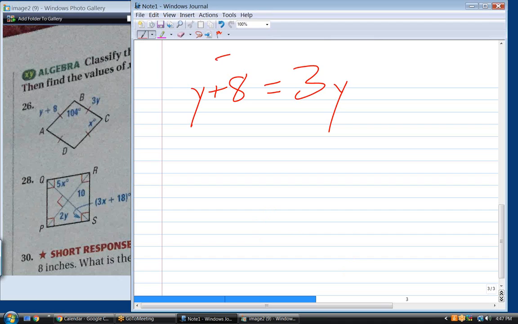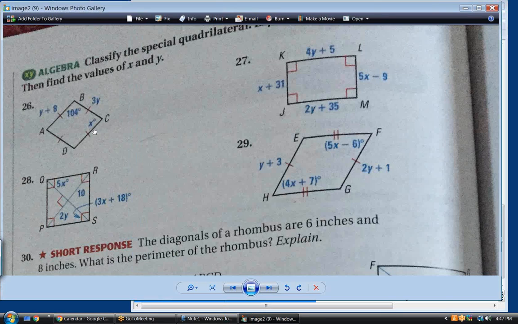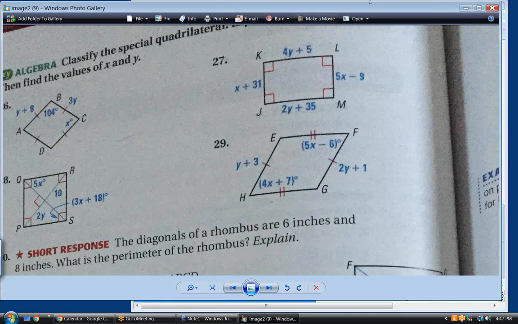In other words, if I bring the 3y over, I got minus 2y. And then I got to take the 8 over to the other side. Now I got 2 negative signs. I still get the same answer, as you should. But to me, if I can reduce the incidence of negative signs, I always do. It doesn't matter whether your variable's on the left or the right side of an equation. But you'll make fewer mistakes if you have fewer negative signs.